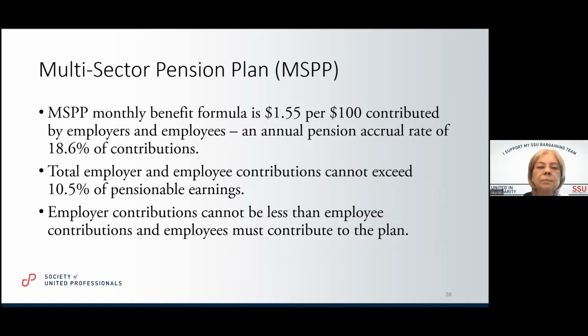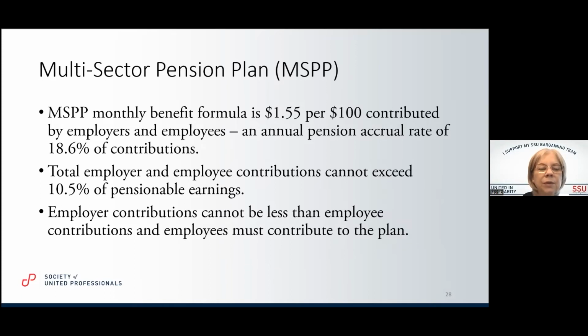This is the plan design. There's a monthly benefit formula, which is a fixed dollar amount of $1.55 for every $100 contributed by both employers and employees. This is a really important number here. I want you to remember this number: an annual pension accrual rate of 18.6% of contributions, which is significant. Another interesting fact is that there's a cap on contributions of 10.5%.